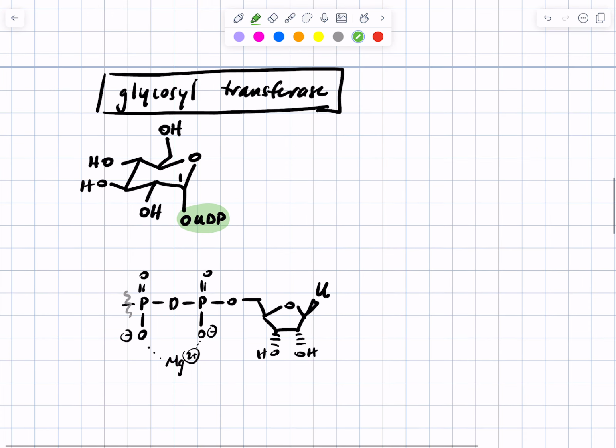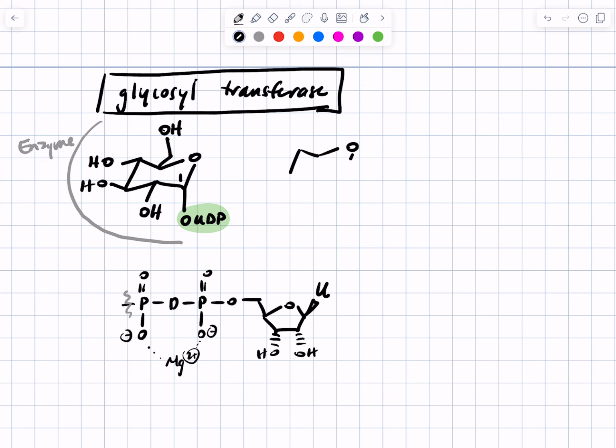Okay? So imagine that the enzyme is holding on to the carbohydrate. There's an enzyme active site that sort of holds on to the carbohydrate, positions it correctly. And then you have your second molecule of glucose that also binds in the enzyme active site.